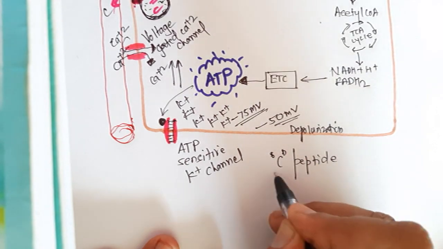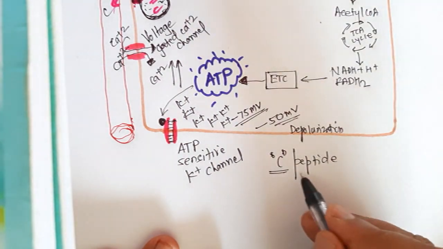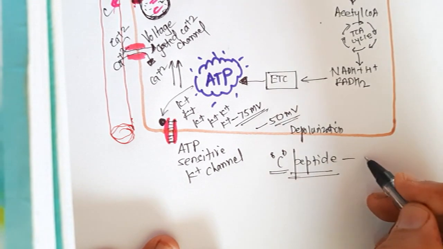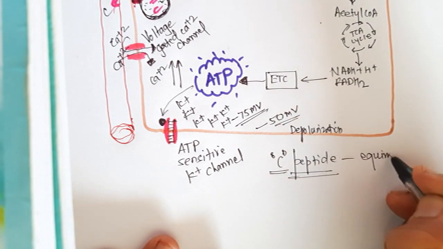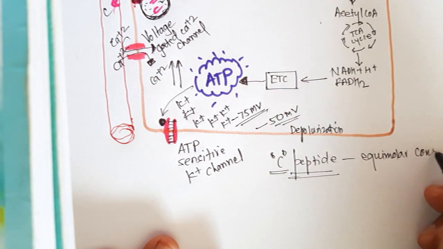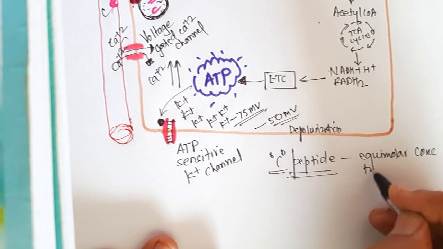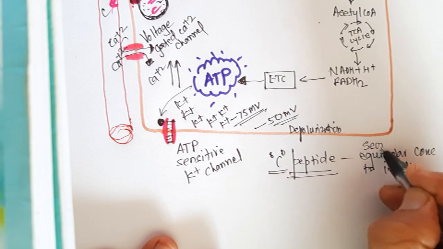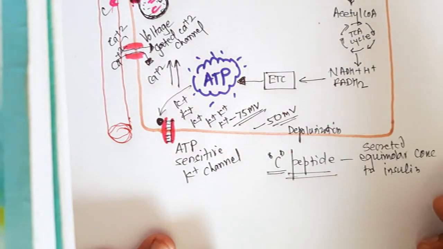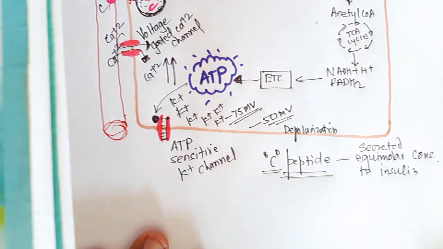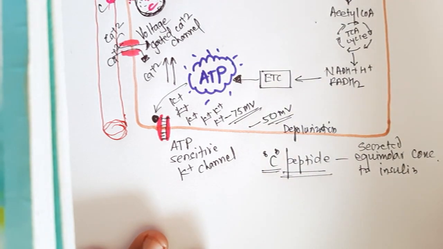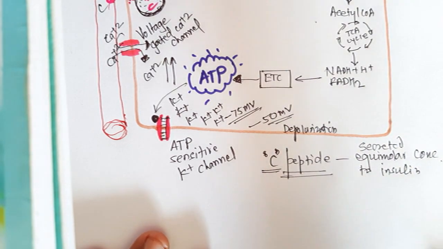The most important thing is that the C peptide which is secreted is of equimolar concentration to that of insulin. That means whatever insulin is secreted or synthesized, the same amount of C peptide is secreted along with the insulin.